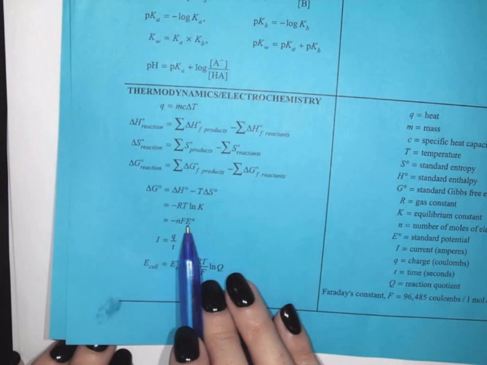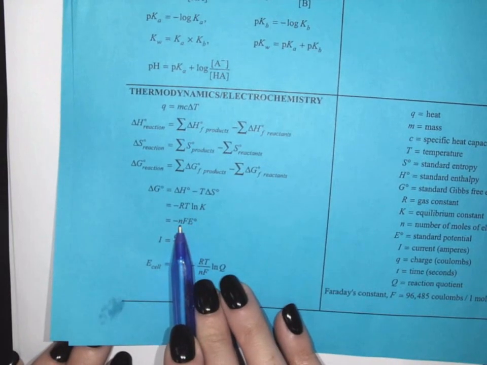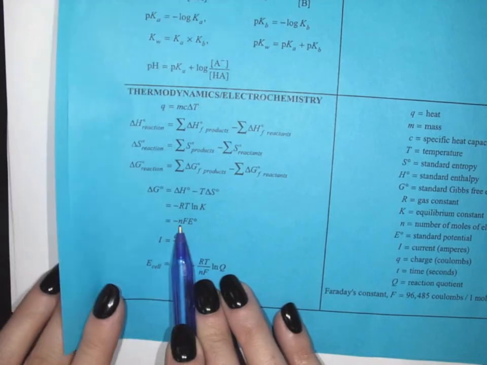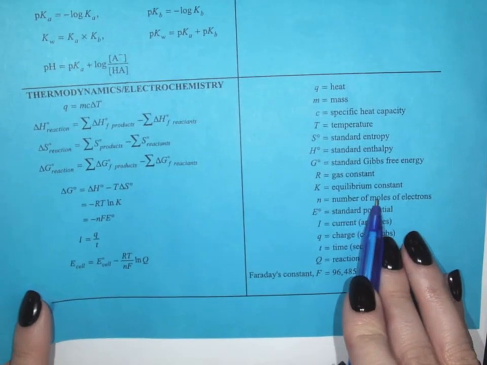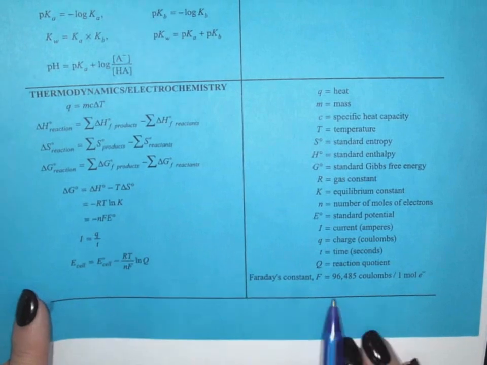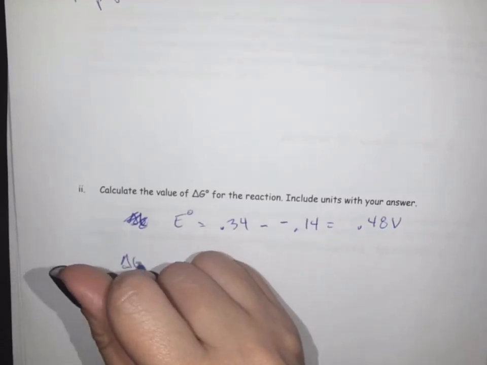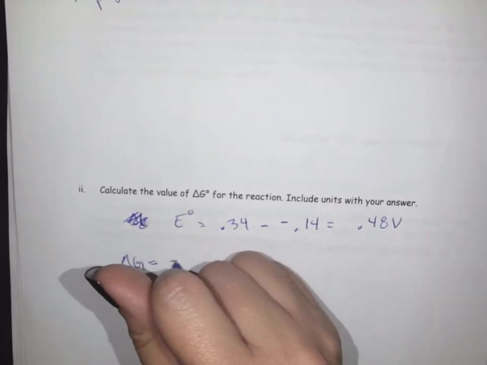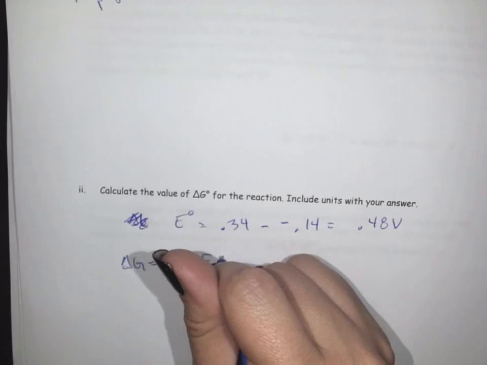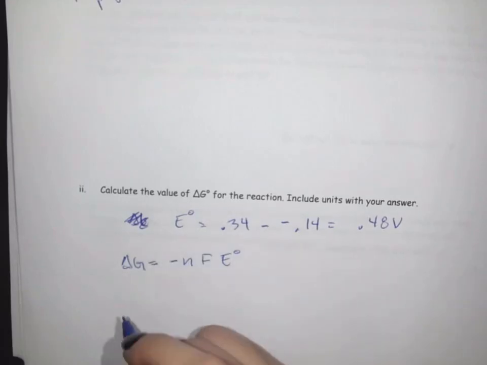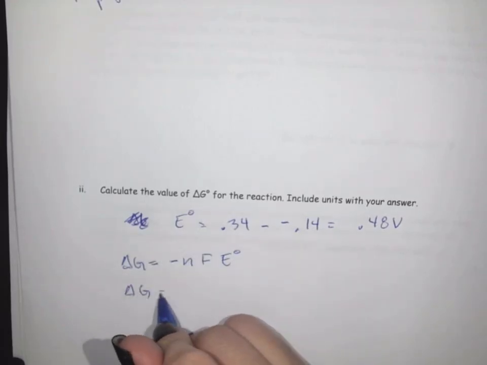Then we can take n, which is the moles of electrons, and F, which is Faraday's constant. So delta G is equal to negative nFE standard.